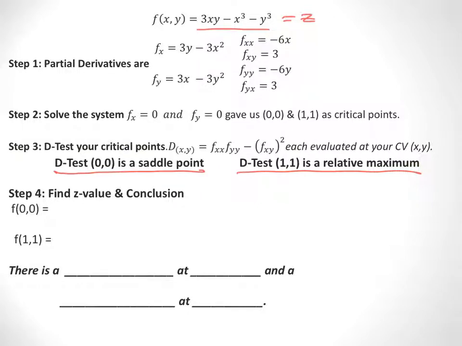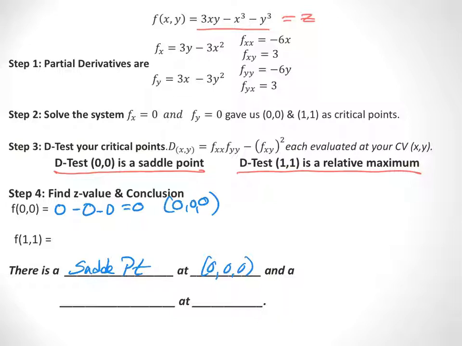We've got 3 times x times y, 3 times 0 times 0 is 0. Minus x cubed, which is minus 0 cubed, is 0. Minus y cubed, which is 0. So we get 0. That's the point (0, 0, 0), and we know there is a saddle point there.